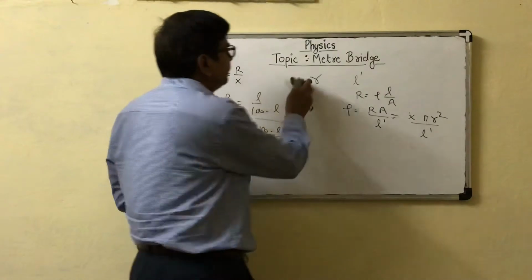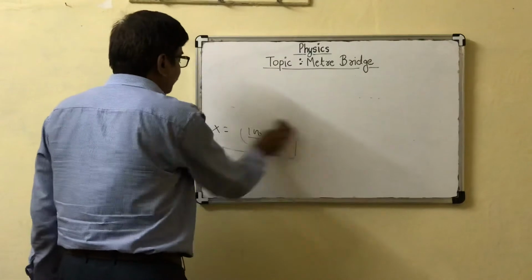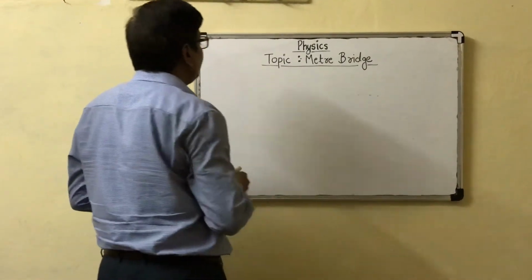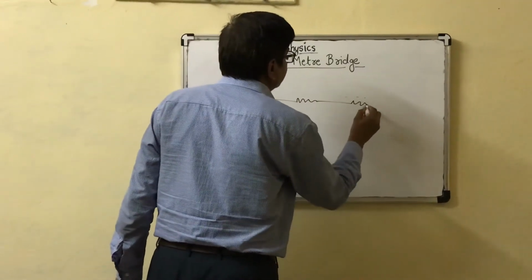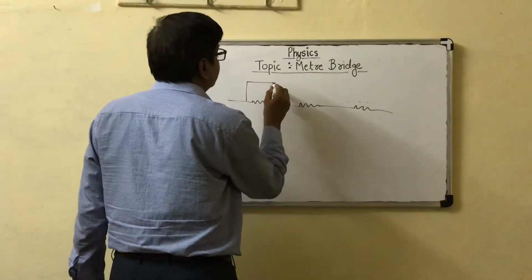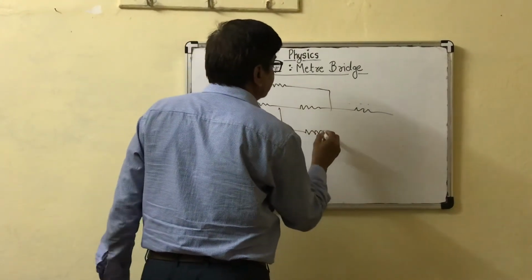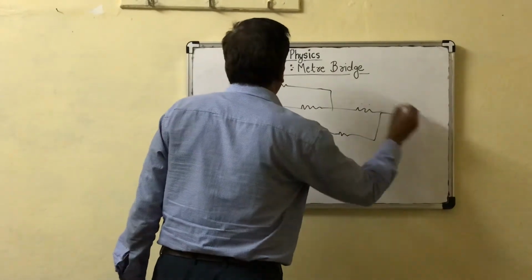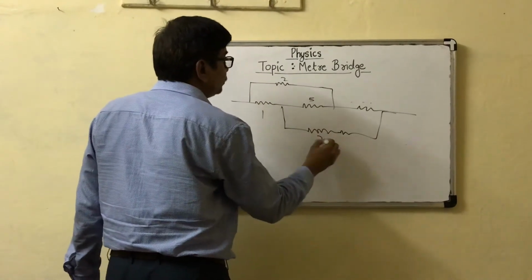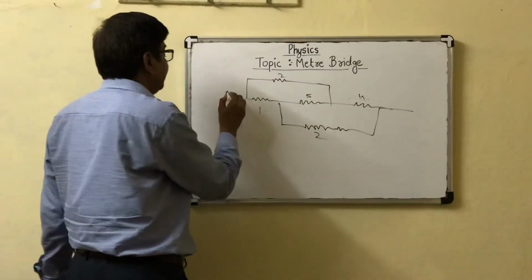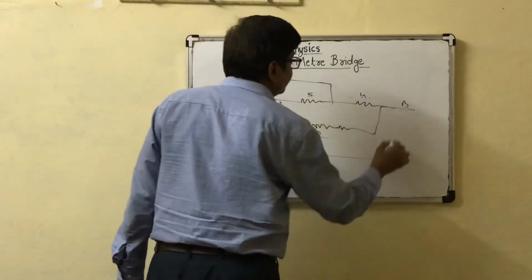Now suppose some practical application, or you can say the numerical, this is a very important numerical. Suppose these are resistances 1 ohm, 2 ohm, 5 ohm, 2 ohm, 4 ohm, A and B. Suppose this is connected to 6 volt.